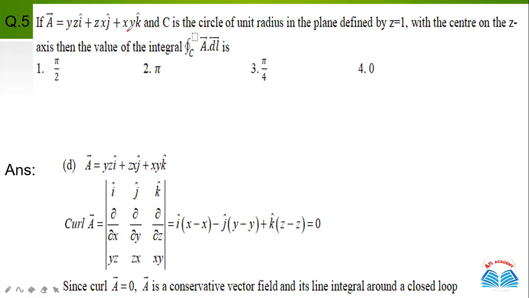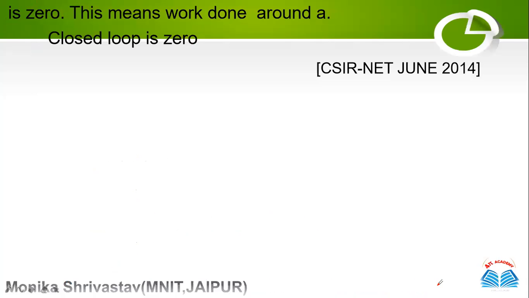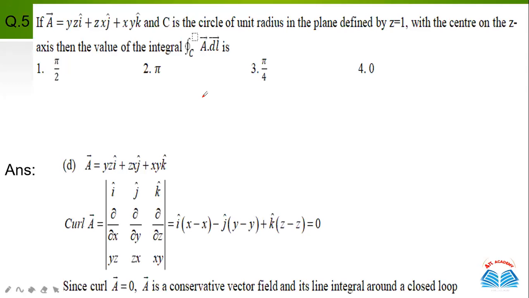Since A is given, you can easily do the curl of A. This curl of A is coming 0. So A is a conservative vector field and its line integral around a closed loop will also be 0. So there is a trick for this question.